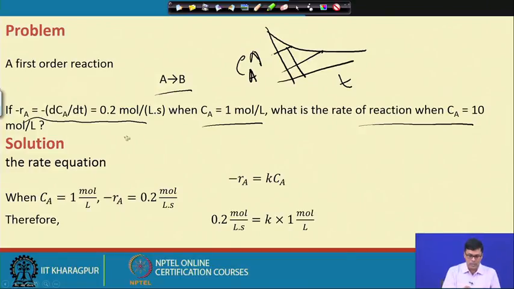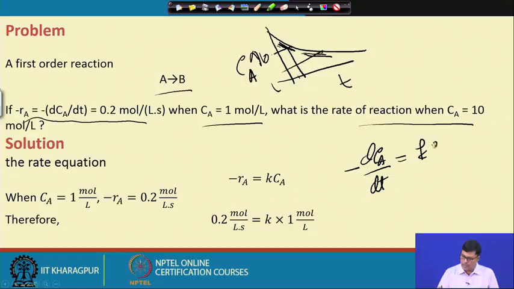So, this is the rate of reaction at Ca, and when the concentration is 10, this might be 10 and this might be 1. So, at different concentrations, if you look at the equation, it is dCa by dt equal to K into Ca. So, as your concentration increases, your rate of reaction is supposed to increase. So, that we shall have to find out.